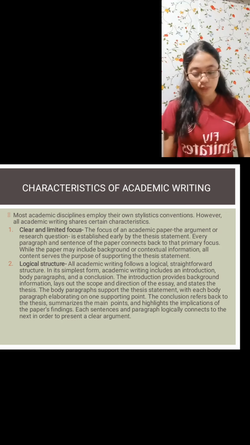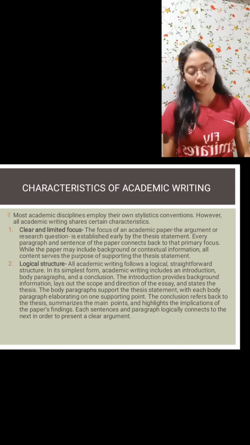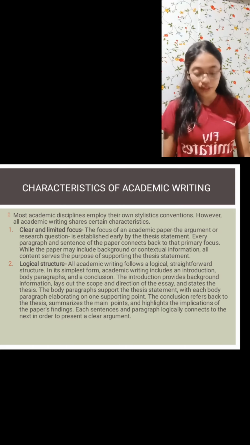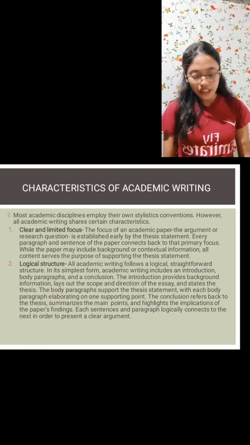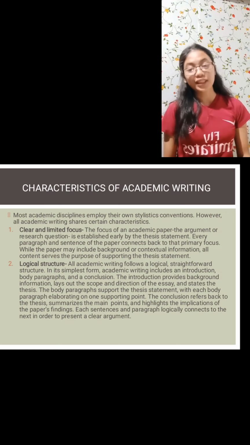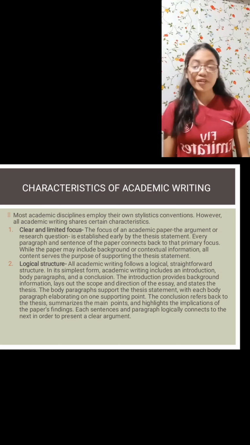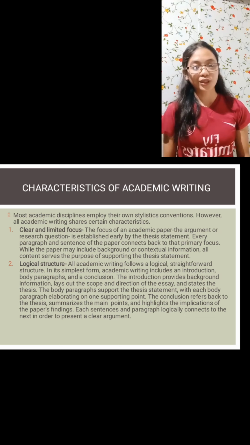The body paragraphs support the thesis statement, with each body paragraph elaborating on one supporting point. The conclusion refers back to the thesis, summarizes the main points, and highlights the implications of the paper's findings. Each sentence and paragraph logically connects to the next in order to present a clear argument. Let's make sure that academic writing follows a logical structure.